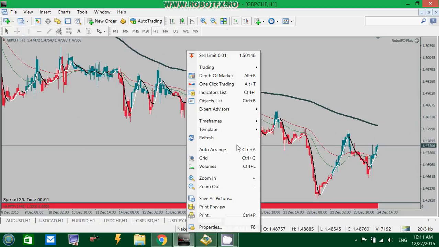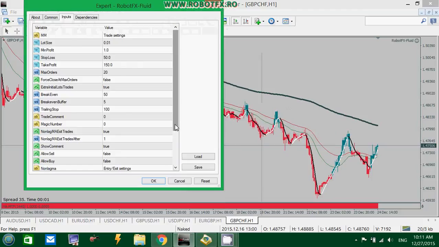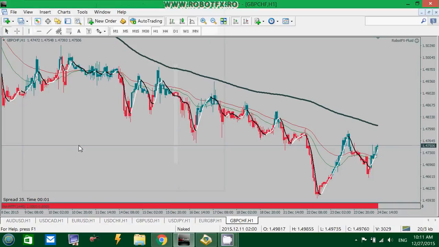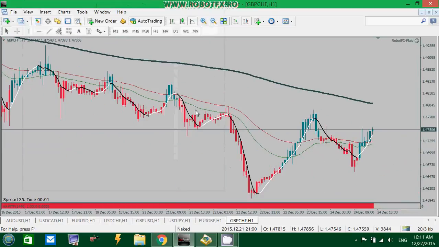Change the settings if you wish, or if you want to base your trades on some other indicators, just deactivate it. And by the way, this is very important: if the trend detector is deactivated, the expert advisor will open trades continuously based only on the non-lag moving average changing color.